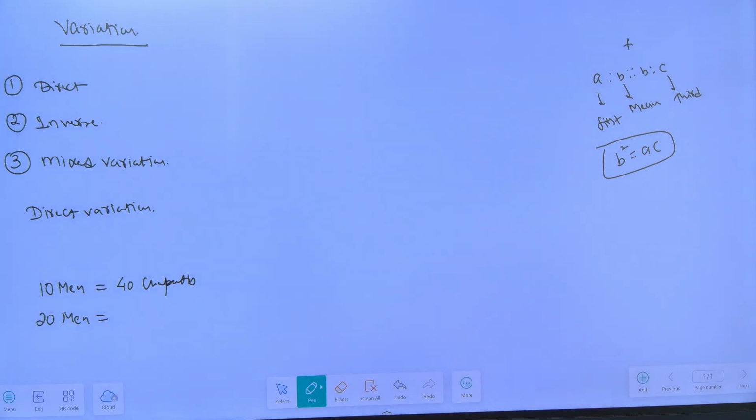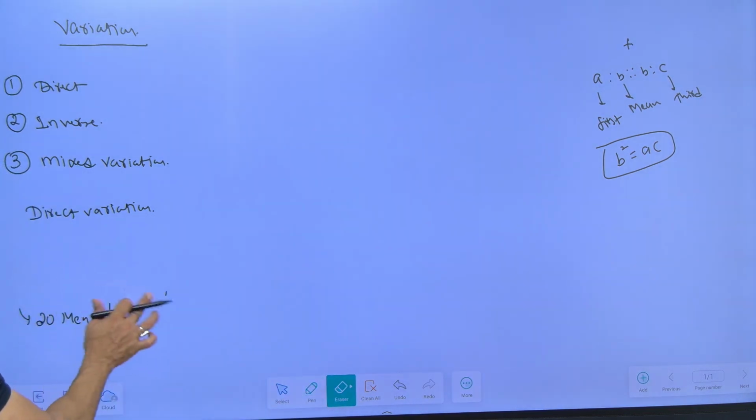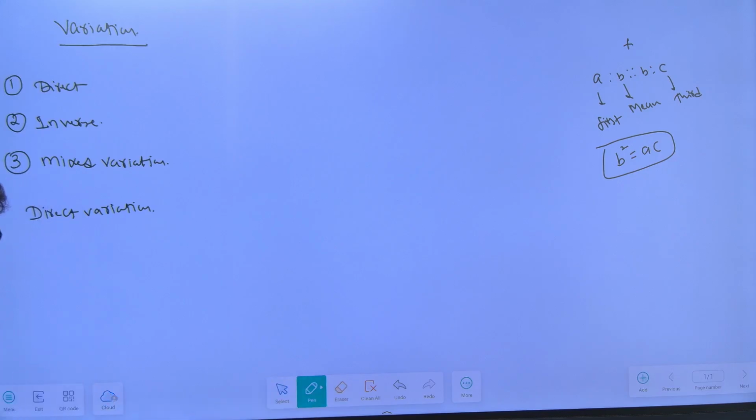Double it, right? So if I double this, this will also get doubled. Direct variation. One increases, another will also increase. One decreases, another will also decrease.